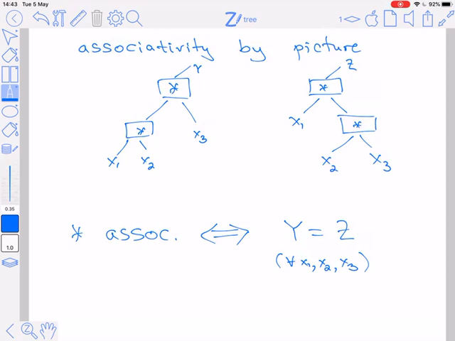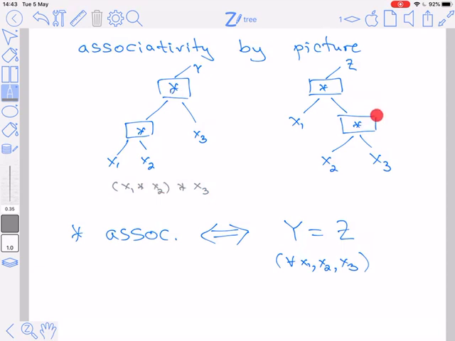One way to depict associativity is by the following diagram. Here we have the 3 bits x1, x2, x3 on the left and also on the right. Here we first apply the operator to x1 and x2, and the result we apply the operator together with x3. So this tree corresponds to the expression x1 star x2 star x3. This is the parse tree, so to speak, of this expression.